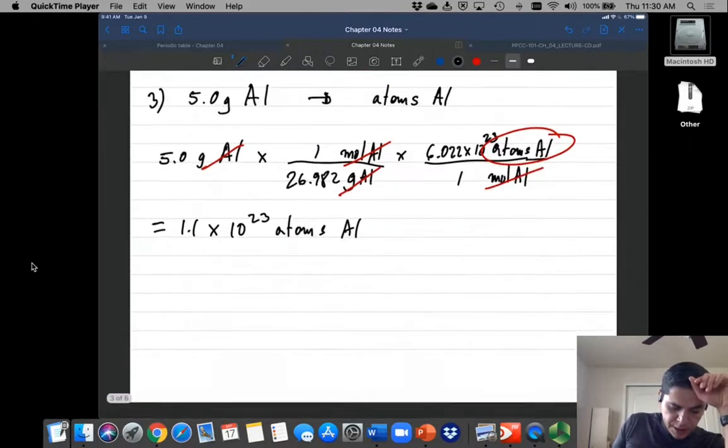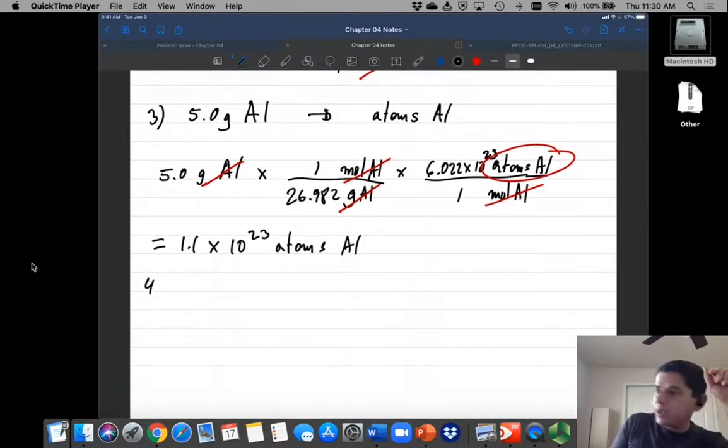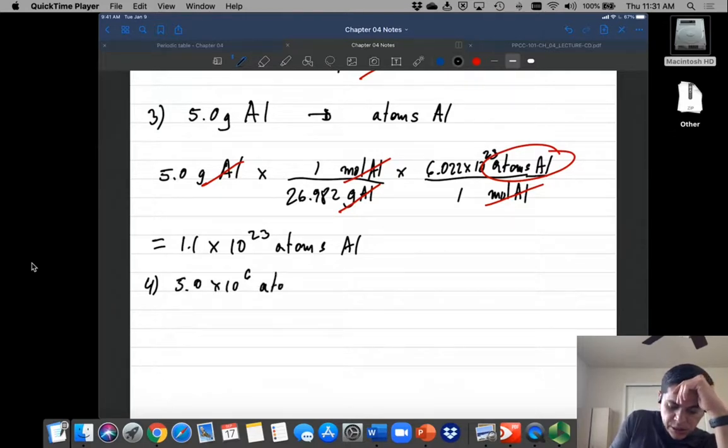Good. And then for the last one, we want to calculate the mass of 5.0 times 10 to the power of 6 atoms of gold. So we have 5.0 times 10 to the power of 6 atoms of gold, and we want to know grams of gold.